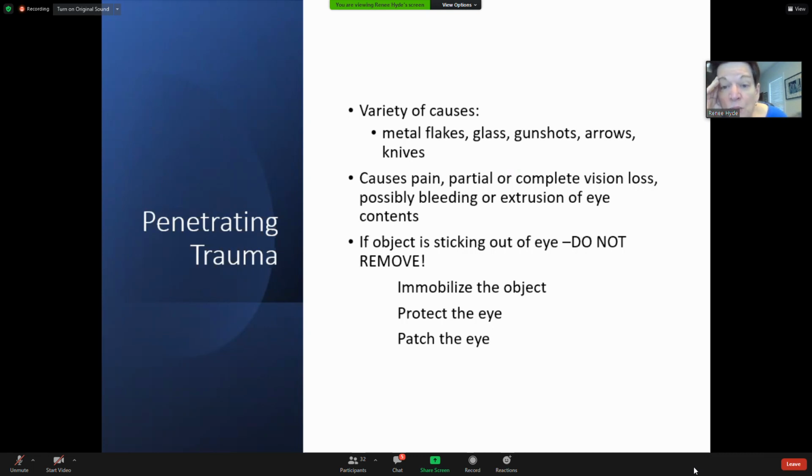We want to immobilize it, meaning that we may bandage that eye with that object in place until they can get them to the operating room or get an ophthalmologic surgeon there to take care of it. We're going to protect the eye, and we're also going to patch both eyes.